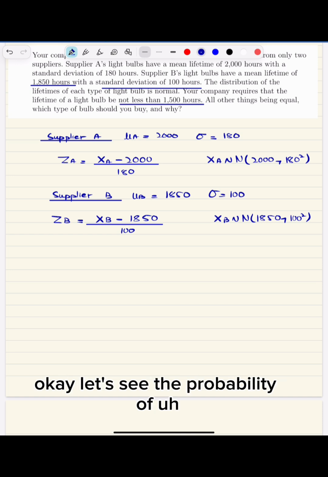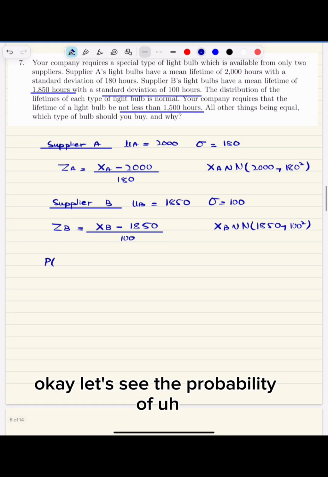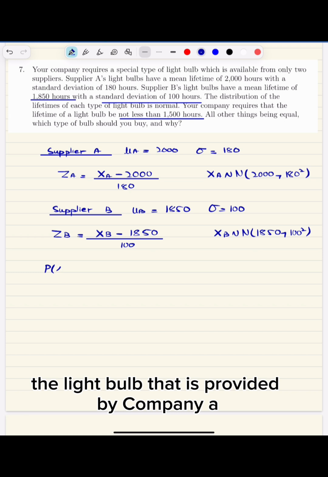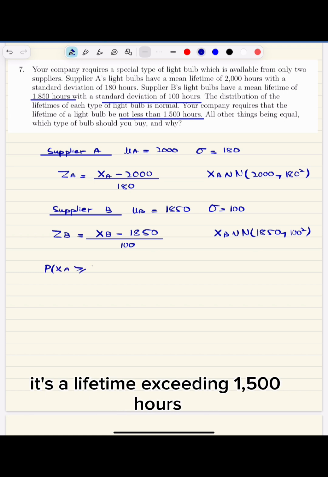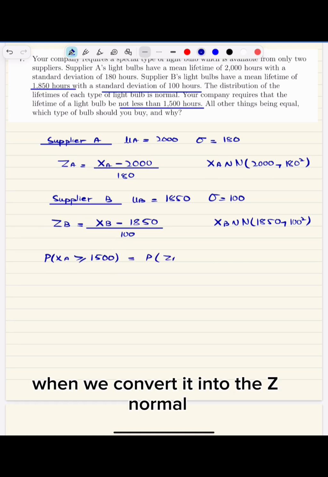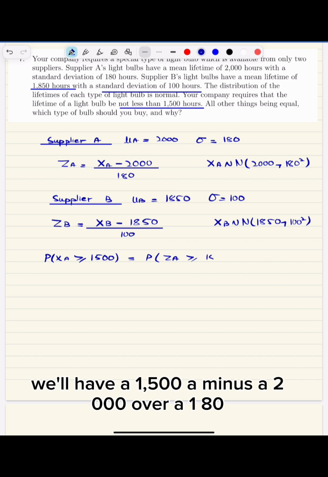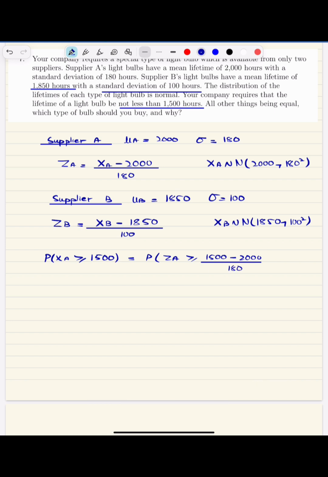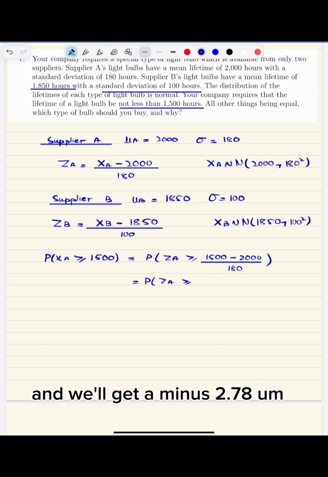Let's see the probability of the light bulb provided by company A having a lifetime exceeding 1500 hours. When we convert it into the Z normal, we'll have 1500 minus 2000 over 180. We take out our calculators and we make this calculation and we'll get a minus 2.78.